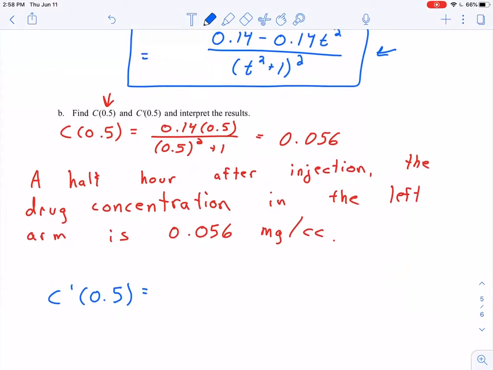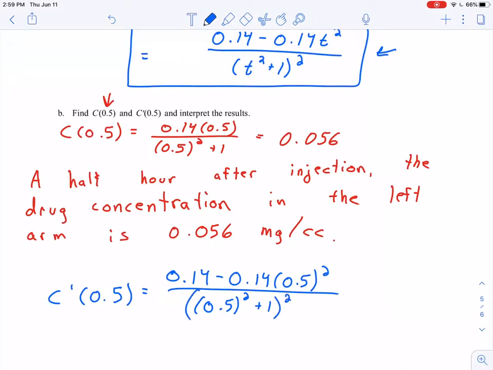So let's see, 0.14 minus 0.14 times 0.5 squared divided by 0.5 squared plus 1 quantity squared. I will say, if you're using a graphing calculator to evaluate this, be very careful. Make sure that you use enough parentheses. Make sure that you are just very careful that we don't make a silly mistake here.